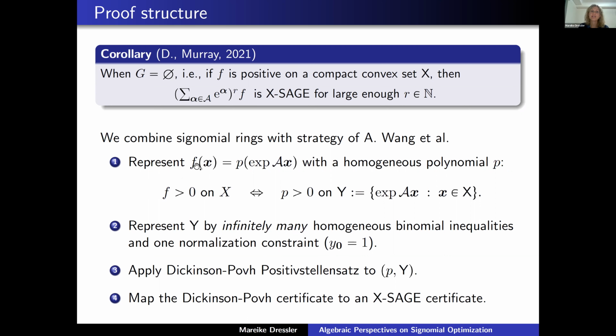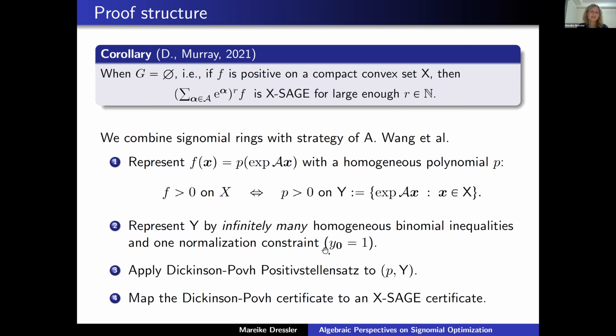We represent our Signomial as such a homogeneous polynomial. And then one can say that when F, our Signomial, is strictly greater than 0 on the set X, then this homogeneous polynomial is strictly greater than 0 on this polynomial set capital Y. So we map the Signomial problem to a polynomial one.